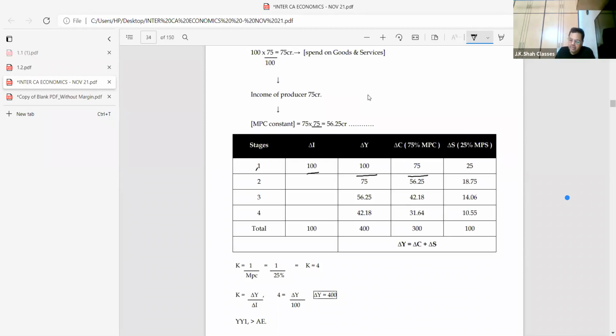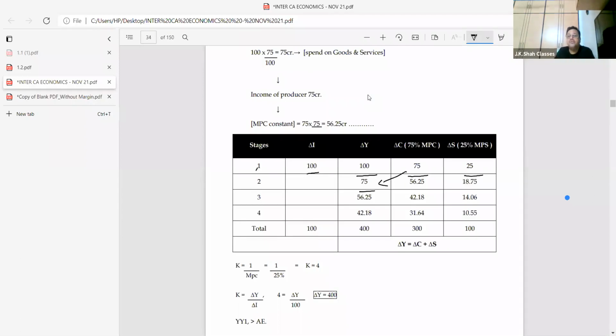So out of 100, 75 is spent and 25 is saved. Now, beta, the 75 rupees which people spend will come back in the country only, na? So that 75 comes here.